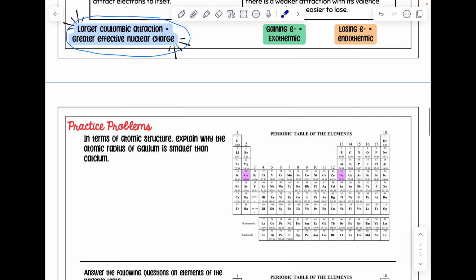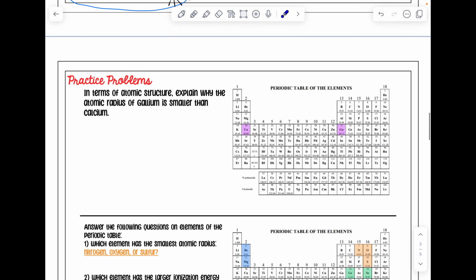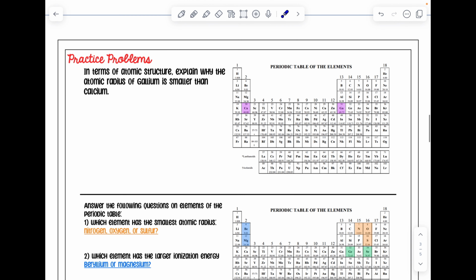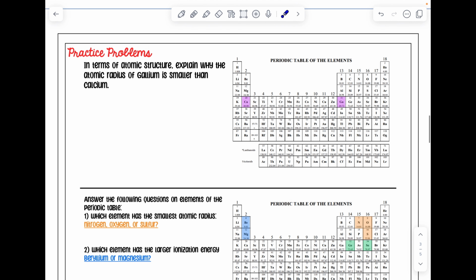Now let's practice some problems. In terms of atomic structure, explain why the atomic radius of gallium is smaller than calcium. Here, they're on the same period or row. Calcium has 20 protons and gallium has 31. So you would explain that they both have the same energy level.